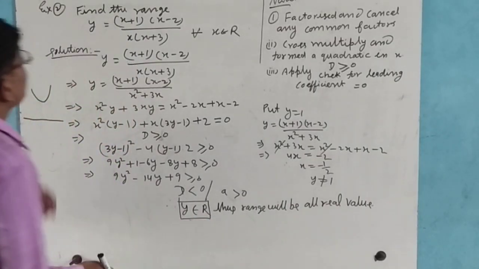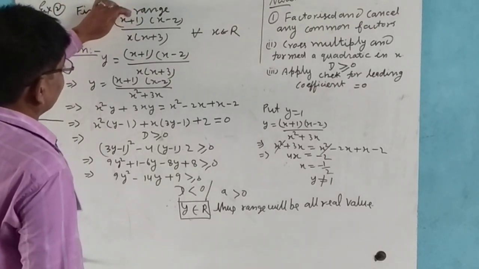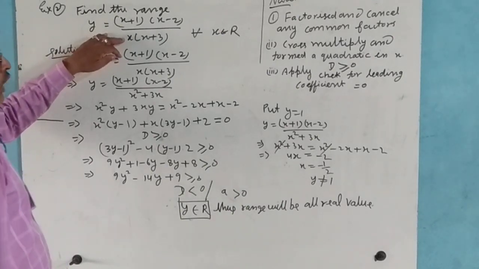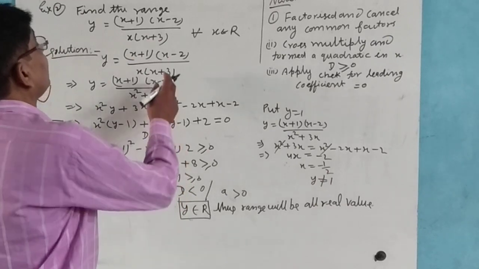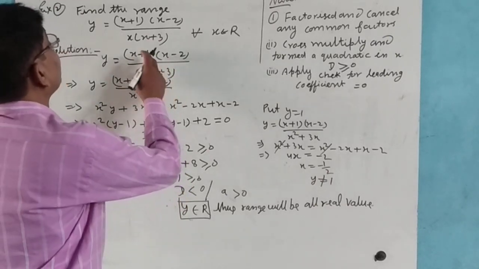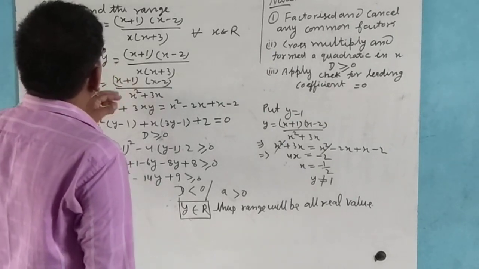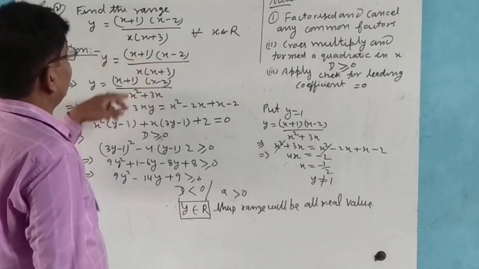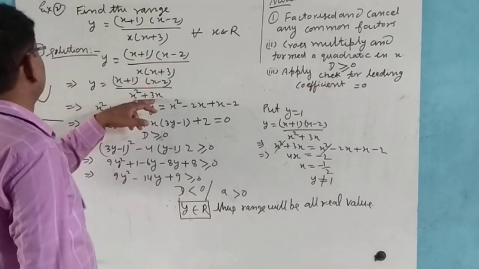Now third type, quadratic by quadratic form with no common factors. Here there are no common factors. Now so that y equal to (x plus 1)(x minus 2) divided by x square plus 3x.